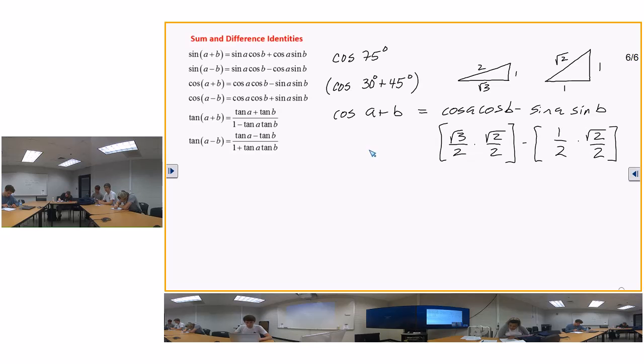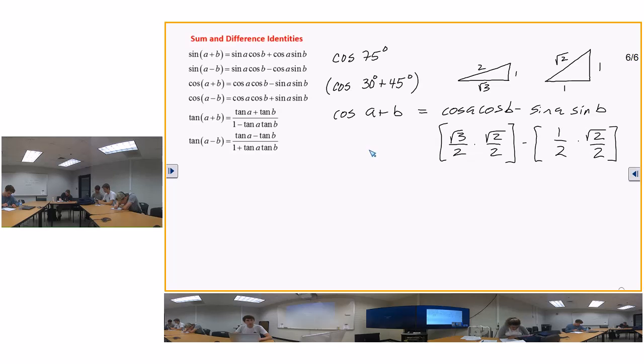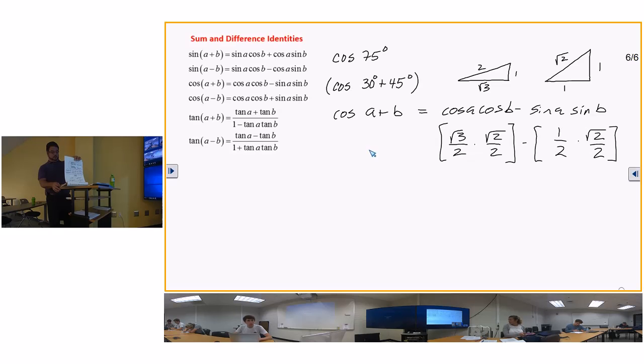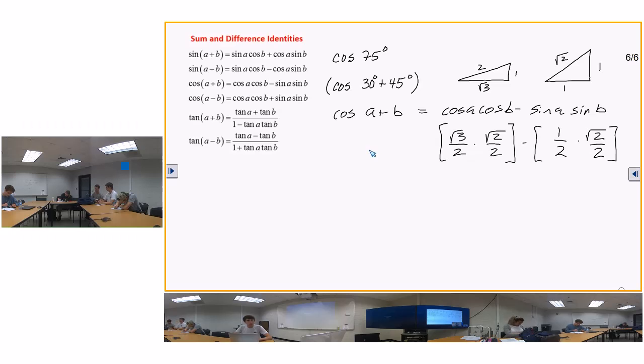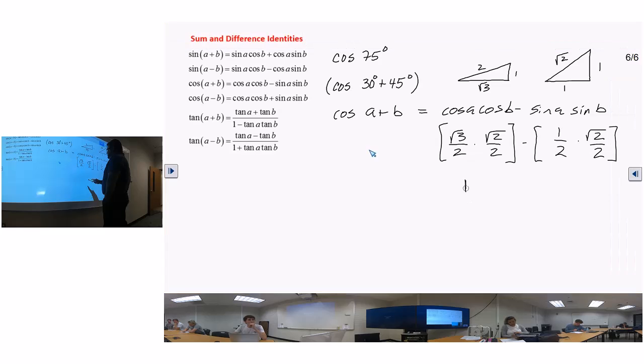Make sure you ask if you got questions, because these are pretty straightforward. So the square root of 3, square root of 2 is square root of what? 6.